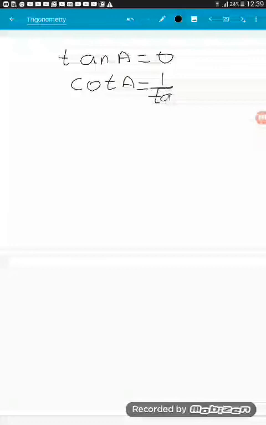Now the other one: cot A is not defined for A equal to 0. In the table you can see that cot A is said to be not defined for 0. So by that we can say that it is not defined. Otherwise, you can say that tan A is 0, and cot A is always the reciprocal: cot A equals 1 by tan A, we already learned that.